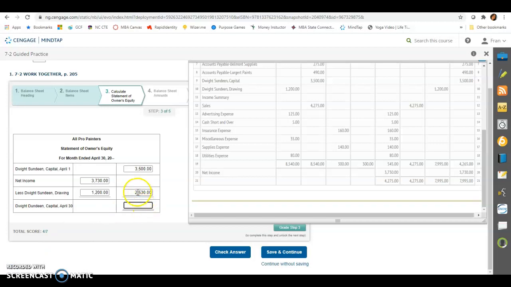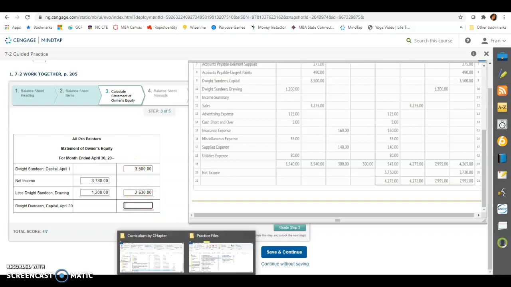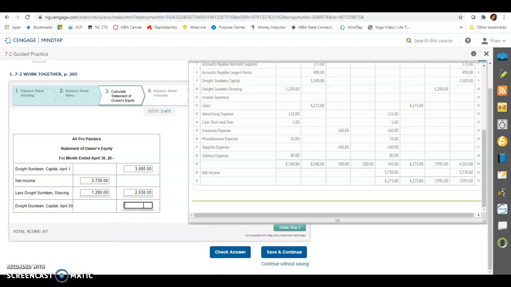So in total, the changes in the owner's equity this month were a positive $2,530. So when you add that to the $3,500 that he started with, I'm assuming Dwight is a he, I get $6,030.